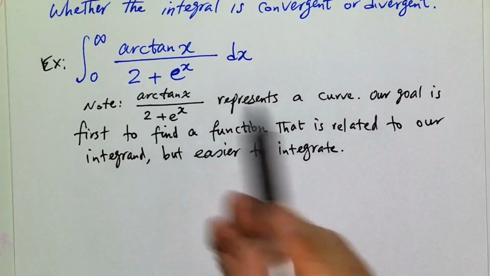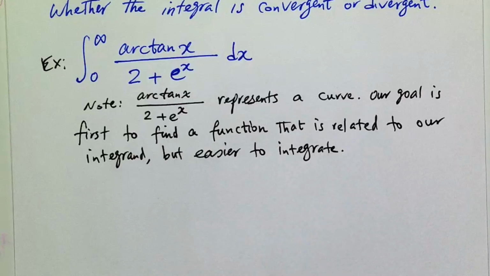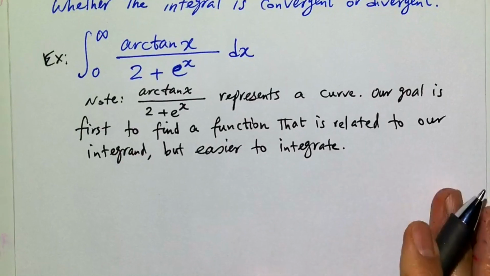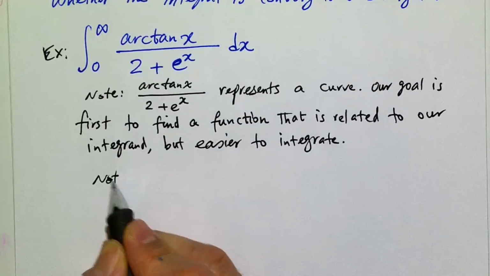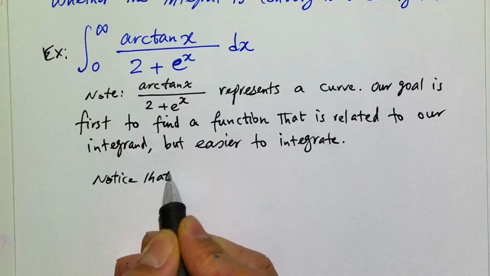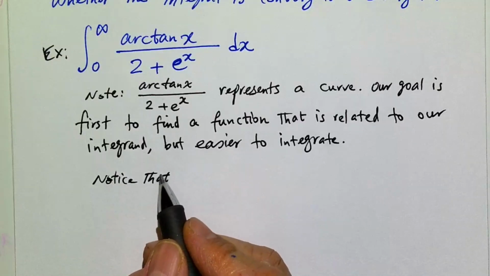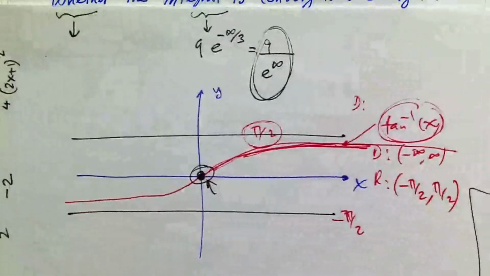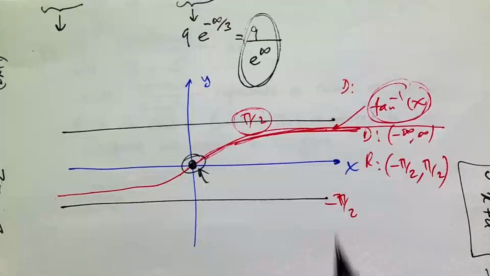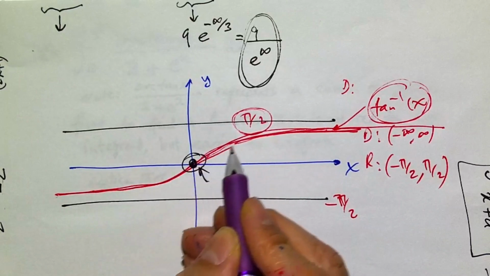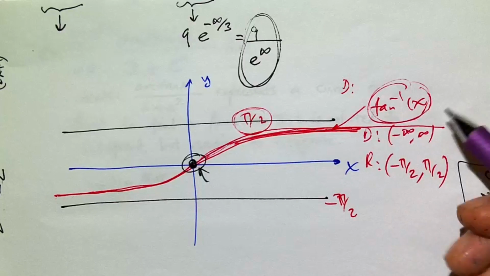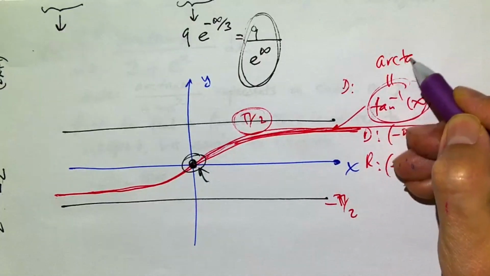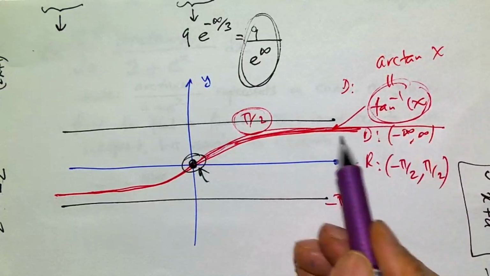So in order to achieve that, notice that maybe I should bring back that diagram that I drew a few minutes ago. This red curve is the inverse tangent function, or arctangent of x, right? That's that curve.